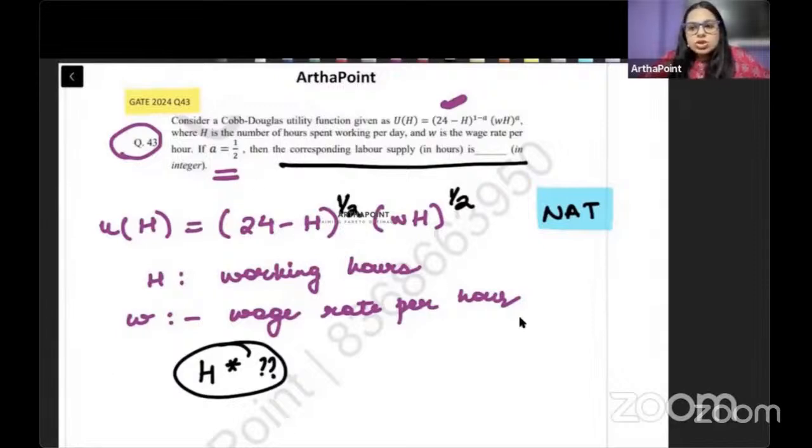Try to use the shortest way to solve. In exam, we don't have a lot of time.